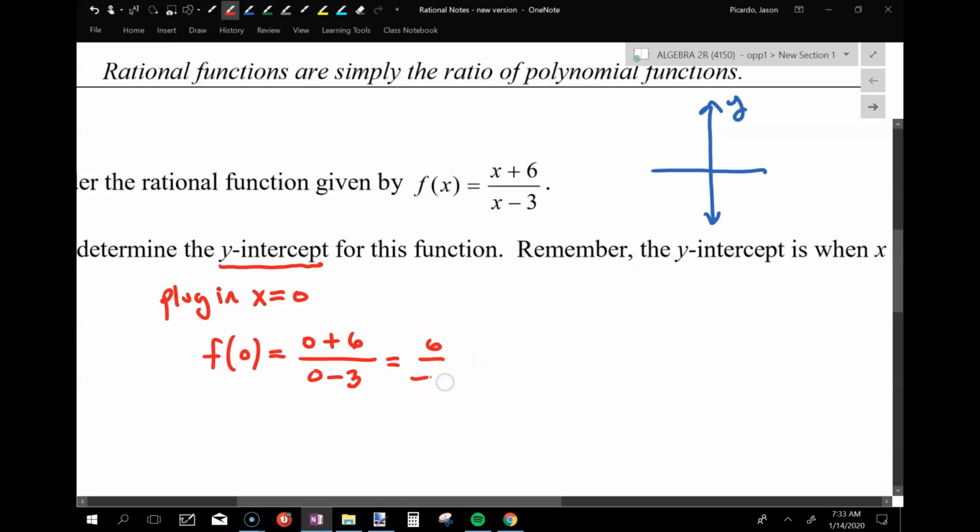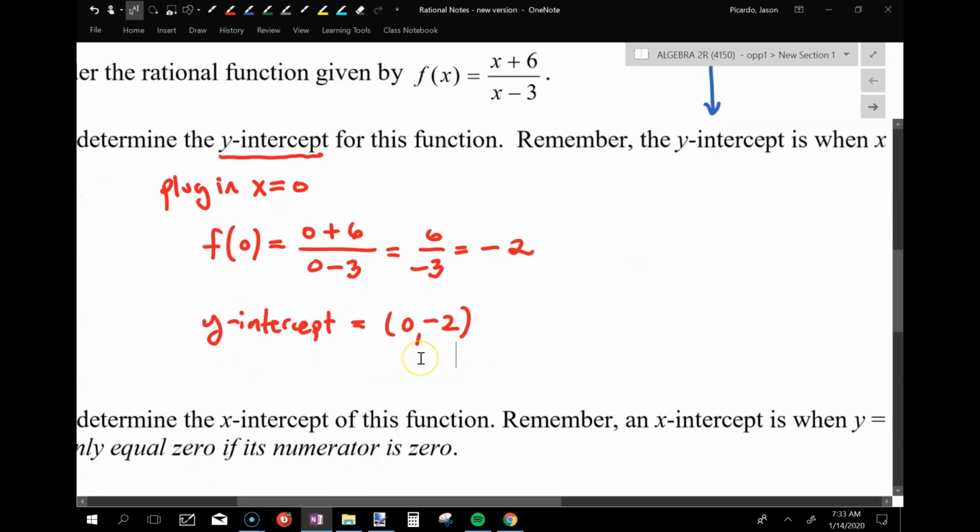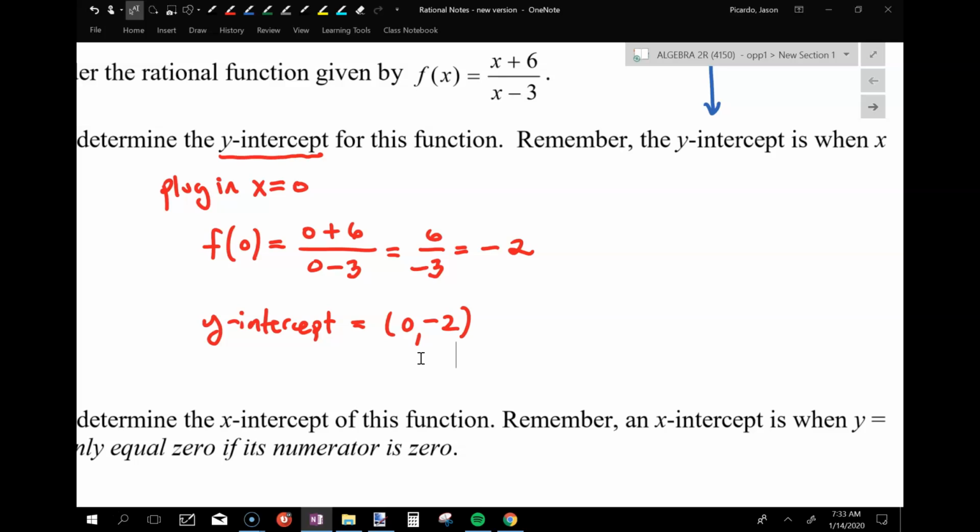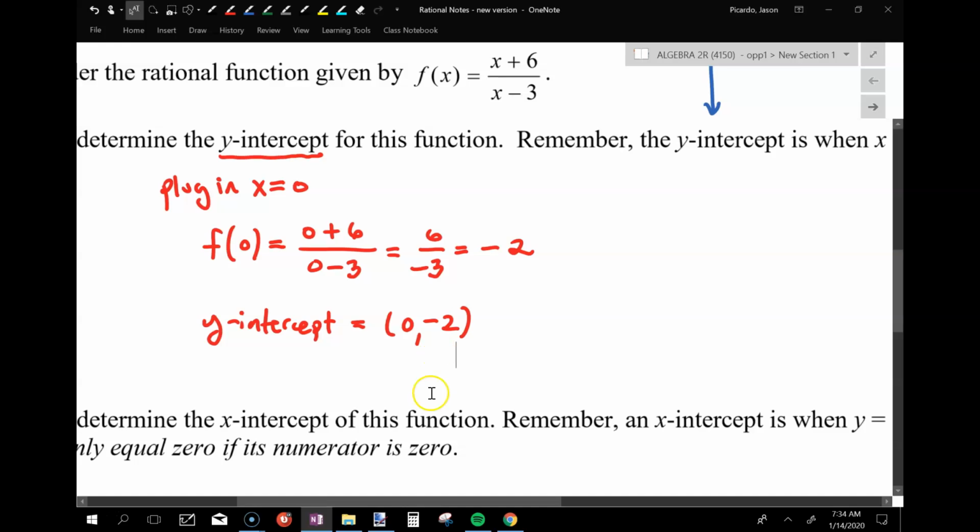So that gives me 6 over negative 3, negative 2. We go with that? All right, so that's something we've seen before.